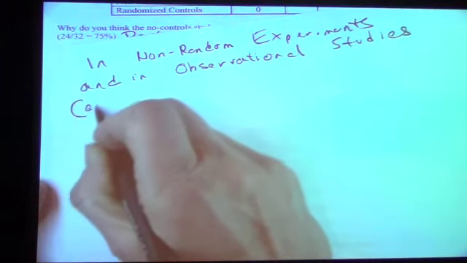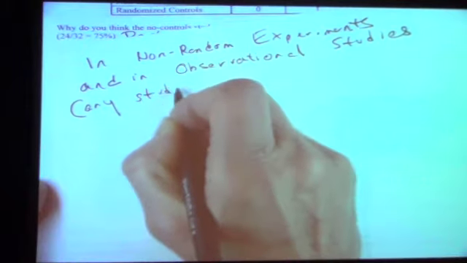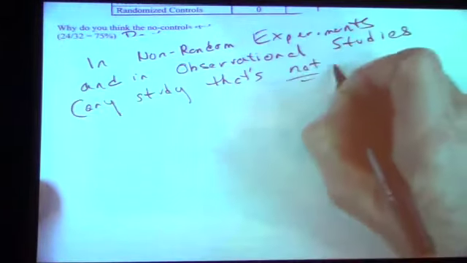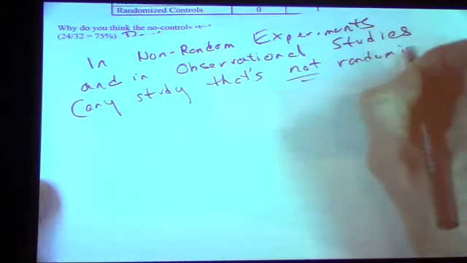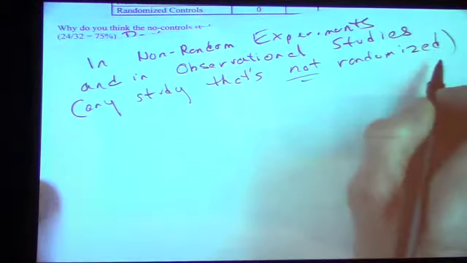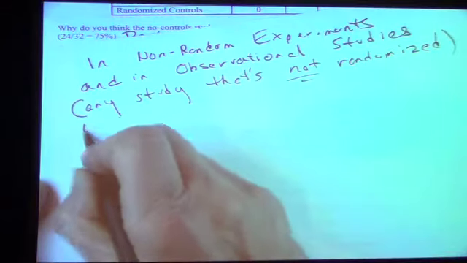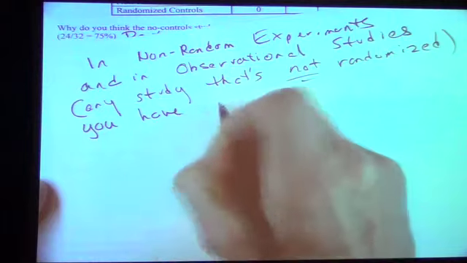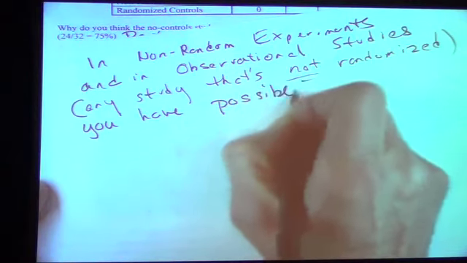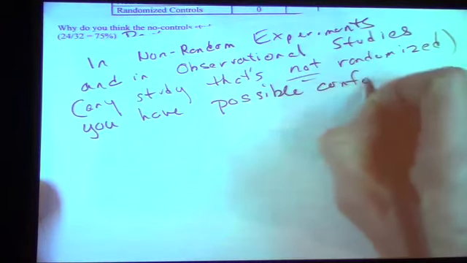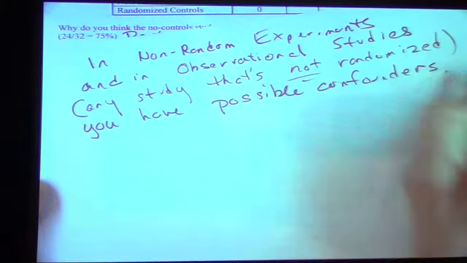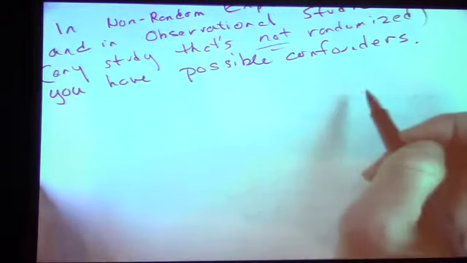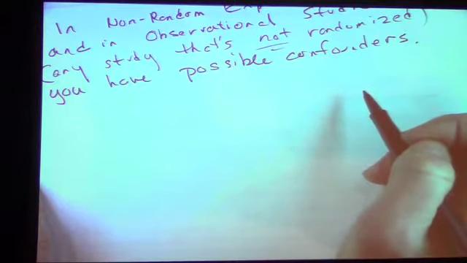Just write, any study that's not randomized, you're going to get confounders. Any study that's not randomized, you have possible confounders. Okay, what does this even mean? What does this even mean? In this case, okay, so he wants us to think about it in this case.